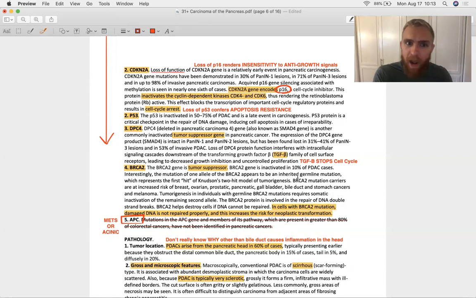And normally P16 is like, oh yeah, sure, we'll turn the music down. But if P16 is not there, then the cell is free to say, up yours, man, we're gonna party all night long. So P16, that's a tumor suppressor gene, meaning we're gonna have a loss of function there.